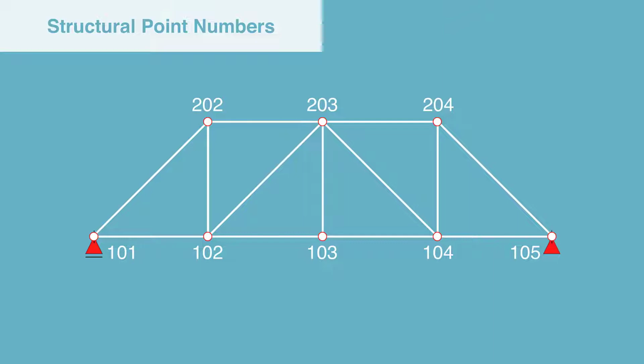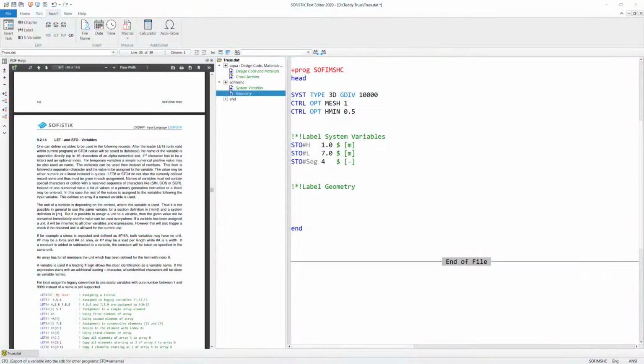So for me, it's clear later on when I see a point which starts with 100, I immediately know this is a point of the bottom chord. Similar for the 200 node series, I understand if I pick one of the 200 nodes, this is some information from my top chord.